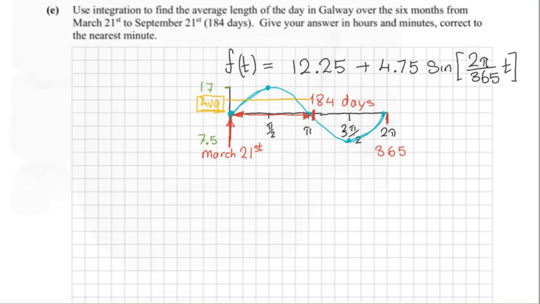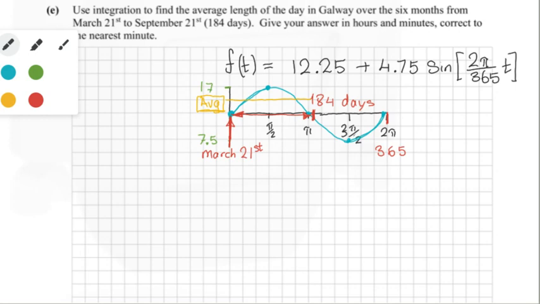If we start at March 21st, we can go 184 days, and the average height would be up here somewhere, and you can see it would be positive. As you know, we have to apply the average value theorem. Over here we have a difficult function to integrate, because we have sine and also an internal part. So let's see what we can do to make that as straightforward as possible.